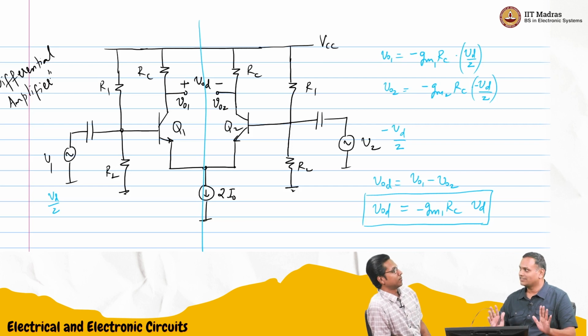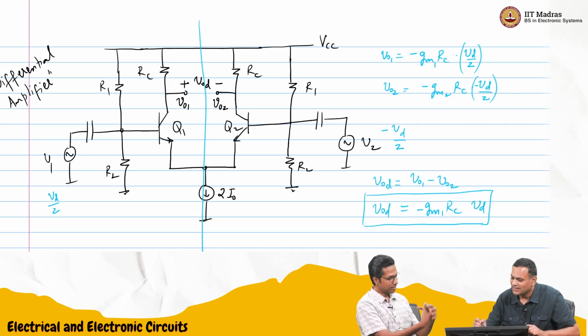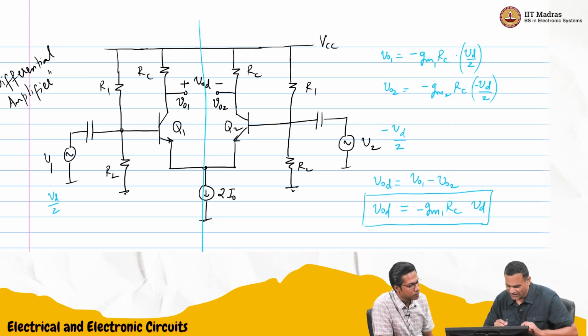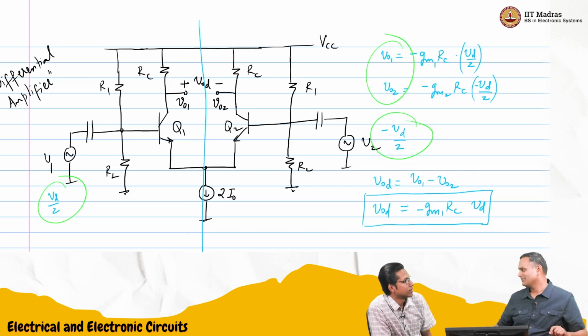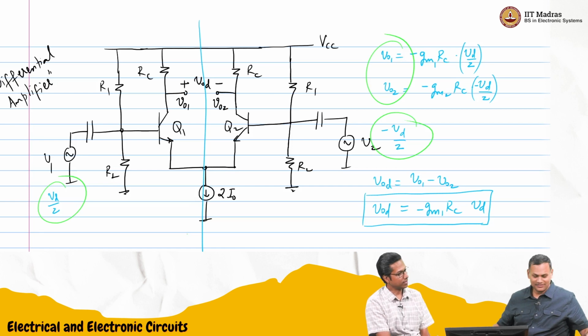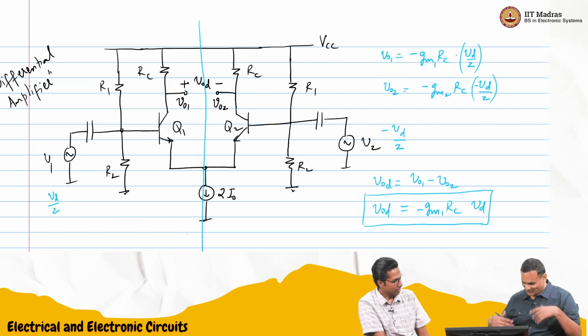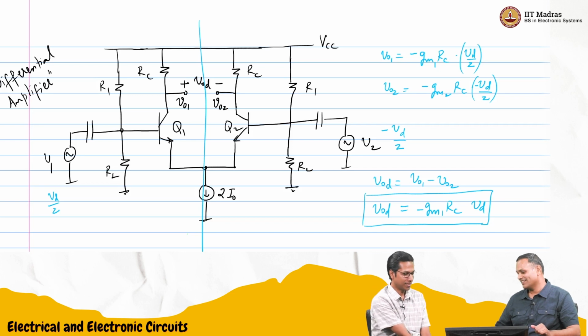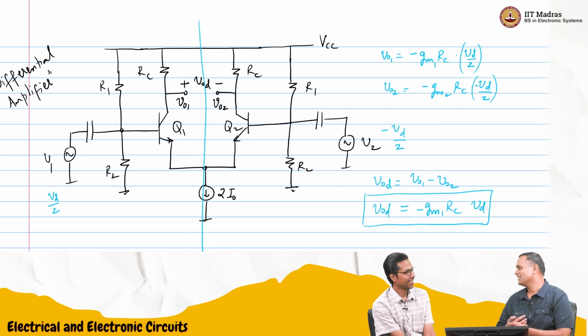Because you can see that if you gave, instead of VD by 2 and minus VD by 2, just VD by 2 and VD by 2, then the difference between VO1 and VO2 will just give 0. That means something which is common is rejected. Only the difference is amplified. So that is called the common mode rejection of the differential amplifier.